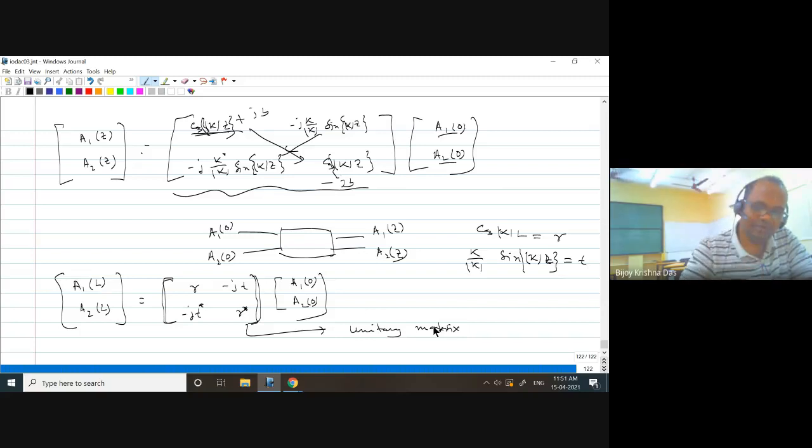And normally, to identify a unitary matrix, the determinant should be 1, right? If you just see this determinant here, what do you get? R square plus T square, right?